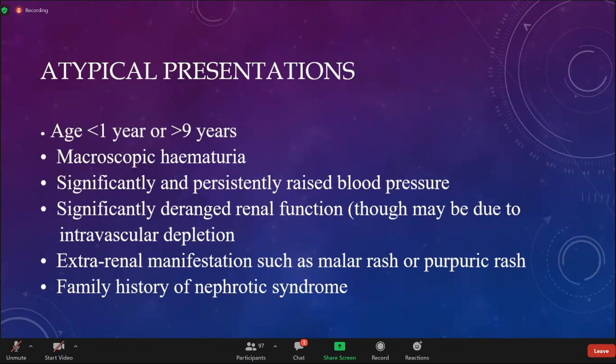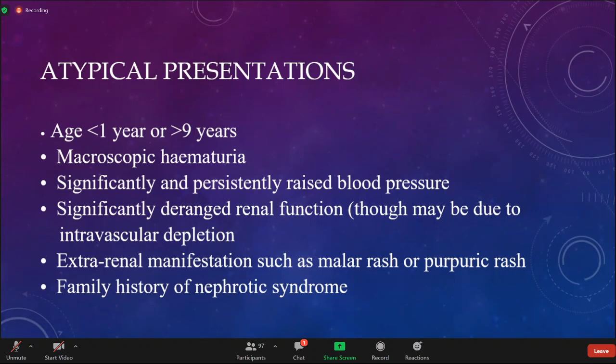And these atypical features you can also use as indications to do a renal biopsy. Therefore, atypical features are very important. They suggest that the child may be having non-minimal change disease, and you can use the same features as indications for the renal biopsy.